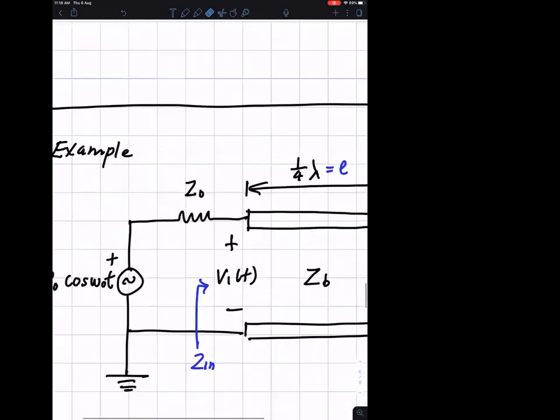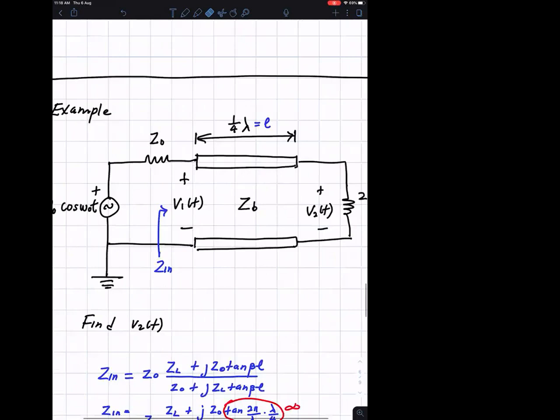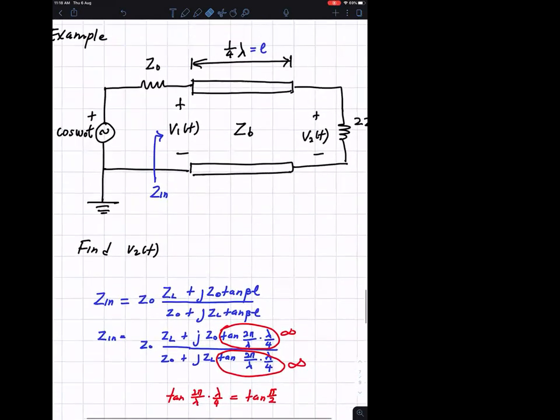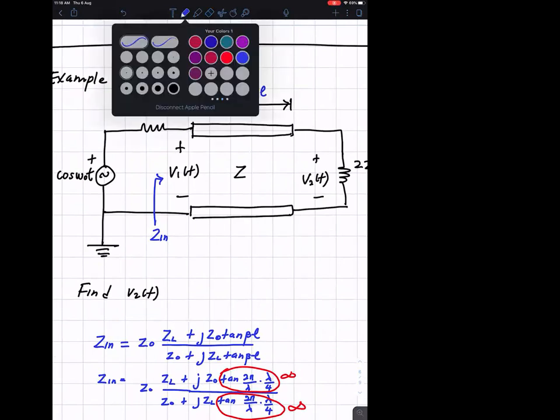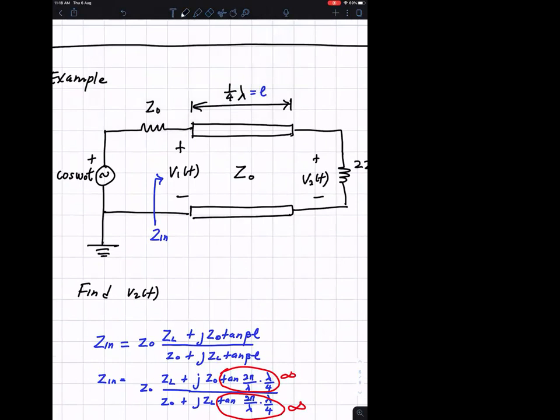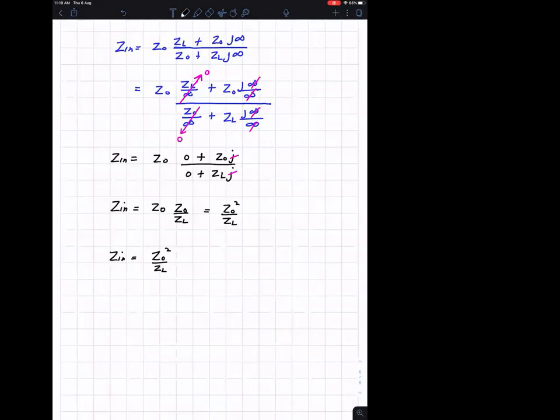Okay, in this case, why don't I change this to Z naught and then change this to ZG. For quarter wavelength, the input impedance is Z naught squared divided by 2Z naught.